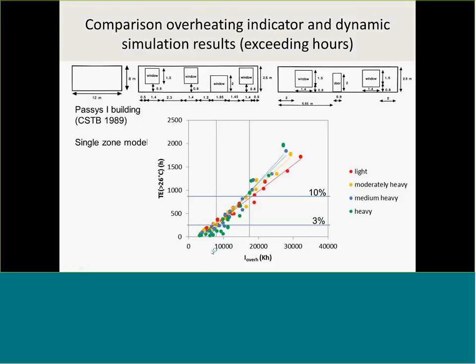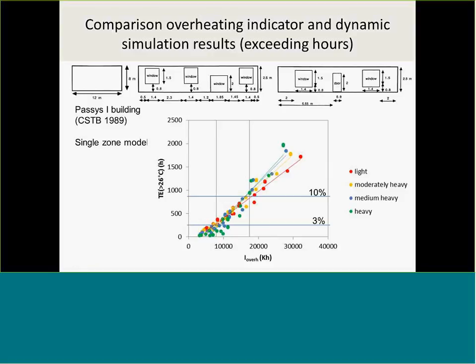You see here the relationship between the overheating indicator and the temperature exceeding hours, with the level of 3% of time in the full year with temperature exceedings above 26 degrees, and also the level of 10%. Now you see that the lower threshold value of the overheating indicator in this example corresponds more or less with the target value of 3%.